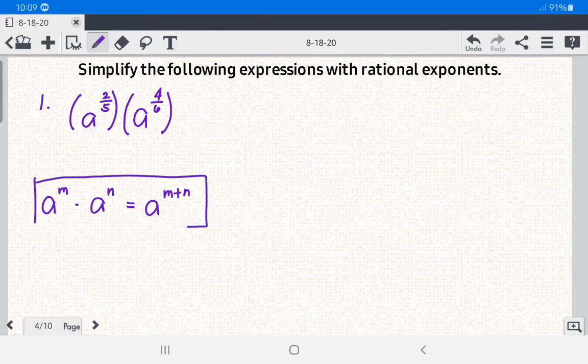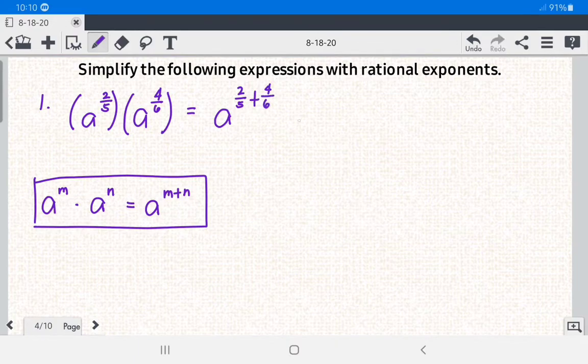Okay. So going back to our example, we have a raised to 2 over 5 times a raised to 4 over 6. What are you going to do since they have the same bases? You will just copy the same base, then you will just add the exponents. So we have 2 over 5 plus 4 over 6.